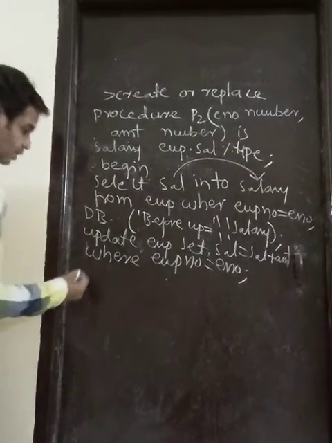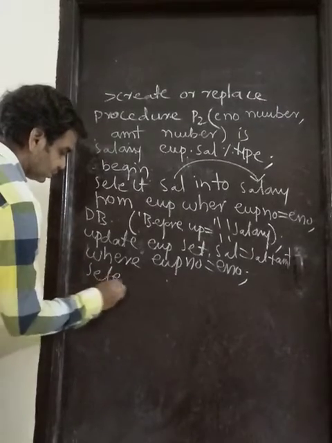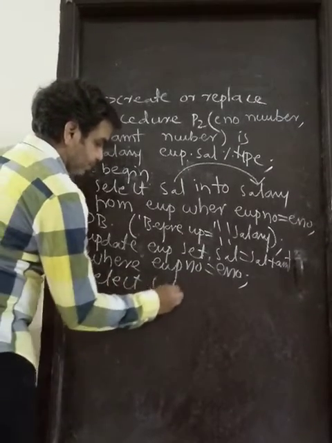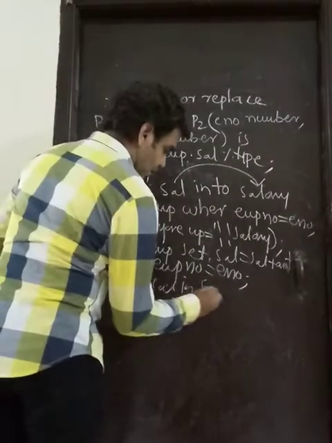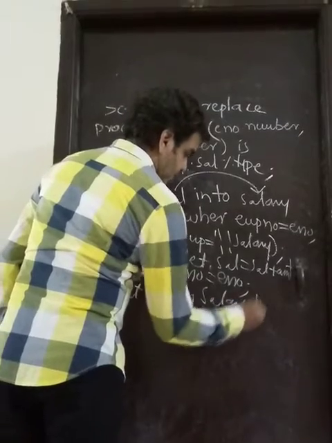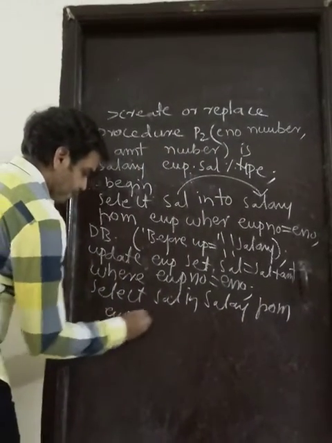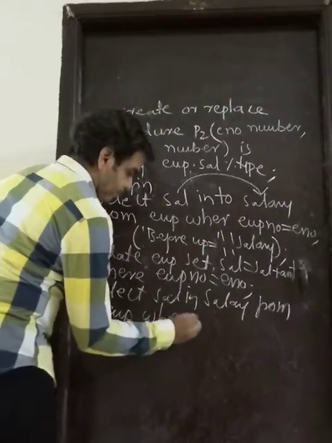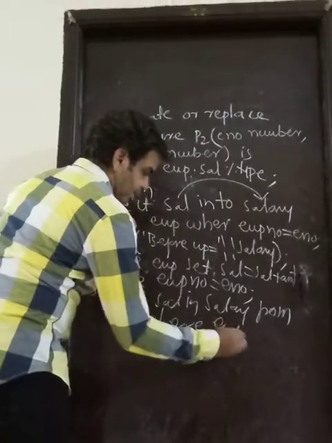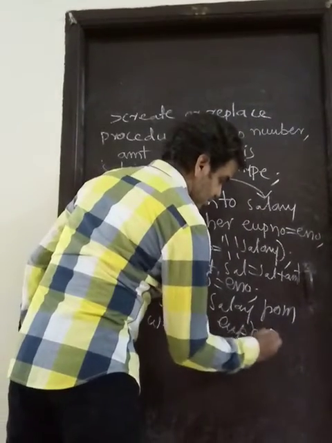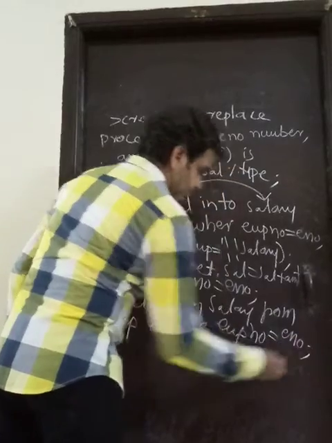After updated, again we are selecting sal into salary from EMP, where employee number is equal to E number.